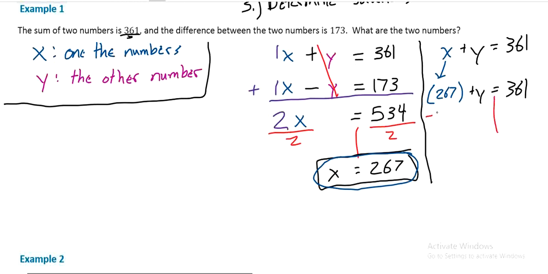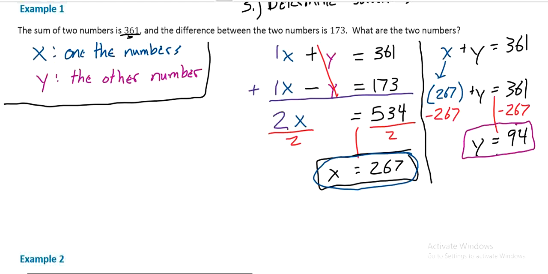From here, just subtract 267 from both sides, and we find out that y equals 94. So y equals 94.